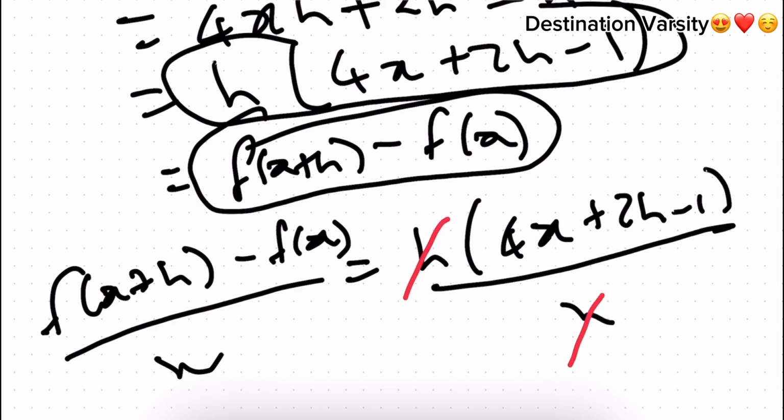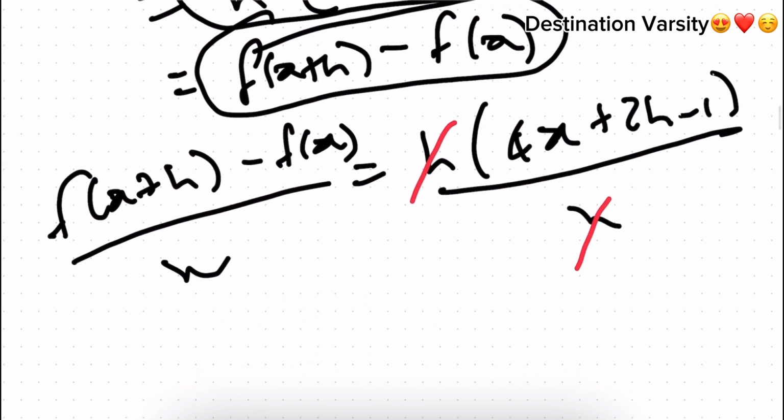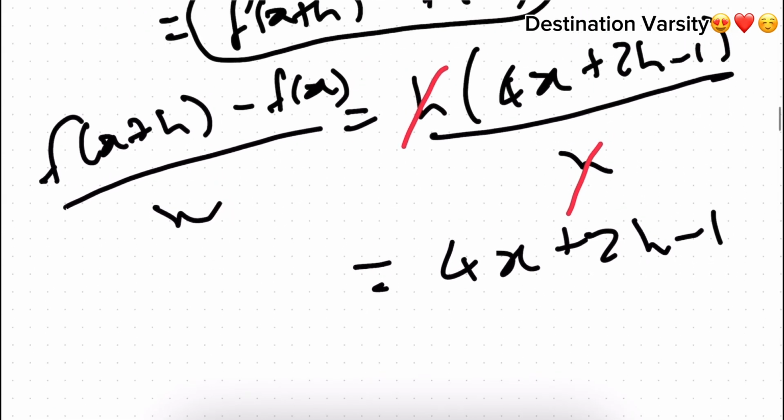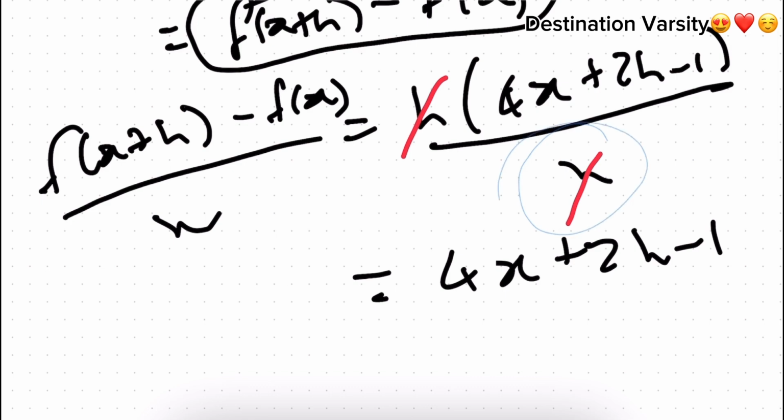It's so routine and it's boring when it's this routine. If you get this wrong, you deserve a beating, trust me. You get 4x plus 2h minus 1. Then you take a limit because you've eliminated the h in the denominator. You take a limit as h approaches 0.